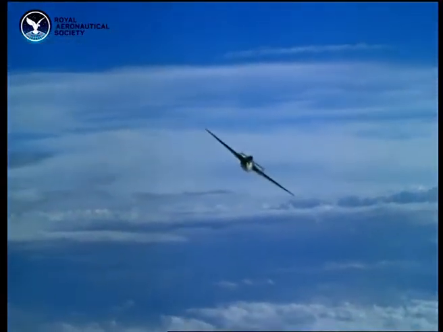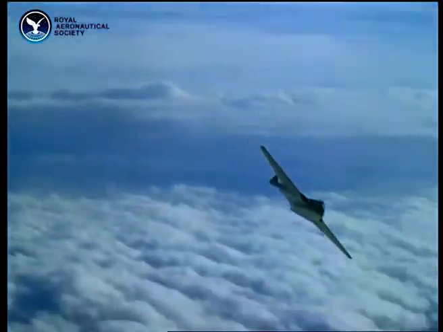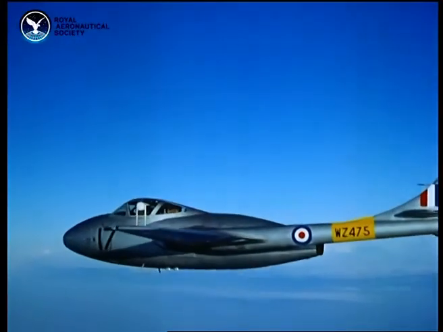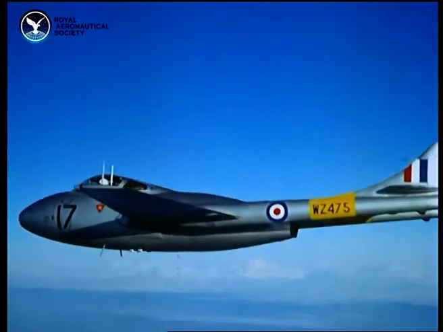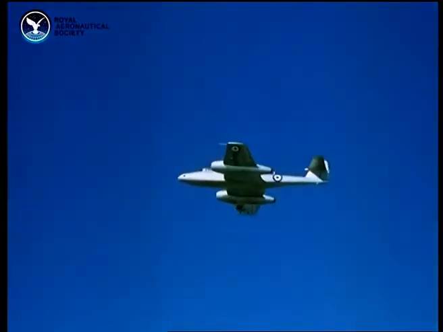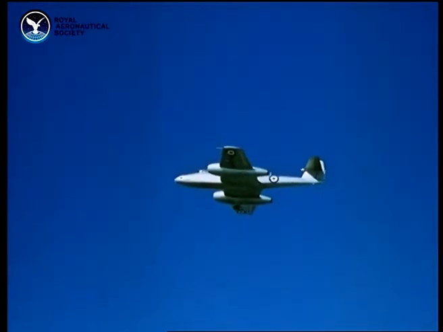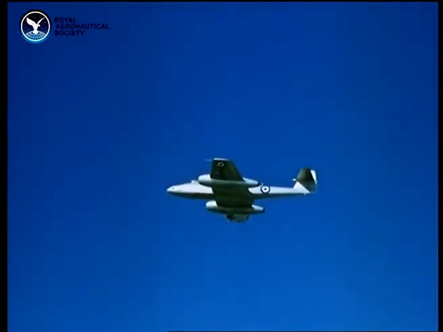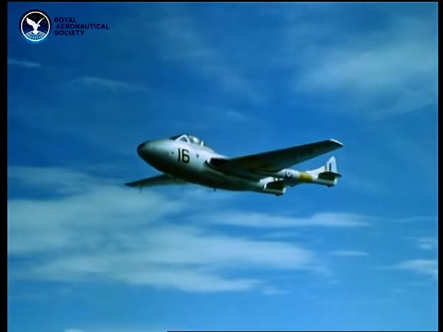Other kinds of instability can be caused by flow separation. Wing dropping, porpoising, snaking, and Dutch roll. Movements something like these.